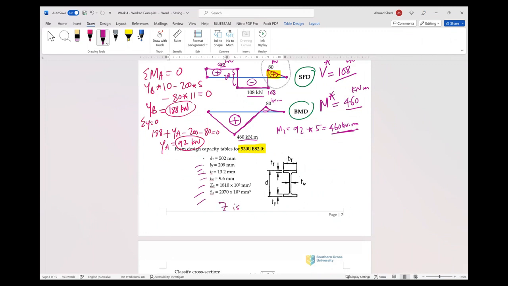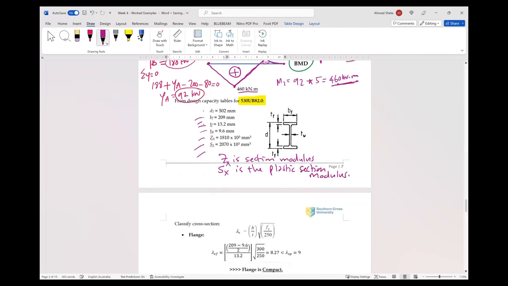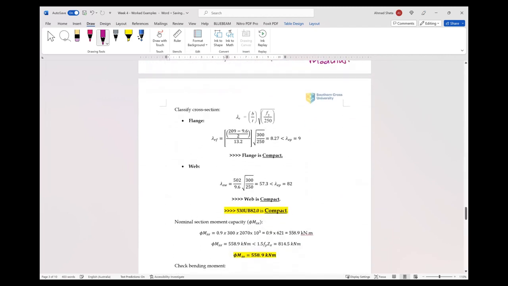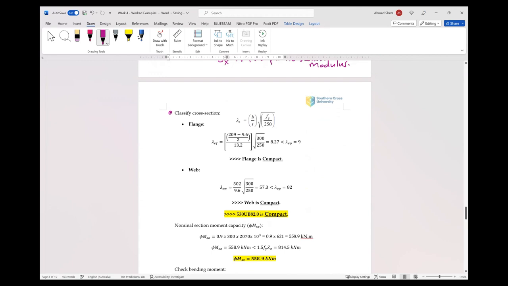Z is the section modulus, and SX is the plastic section modulus. So these are the properties from the table. Now we need to classify the cross section, first step.